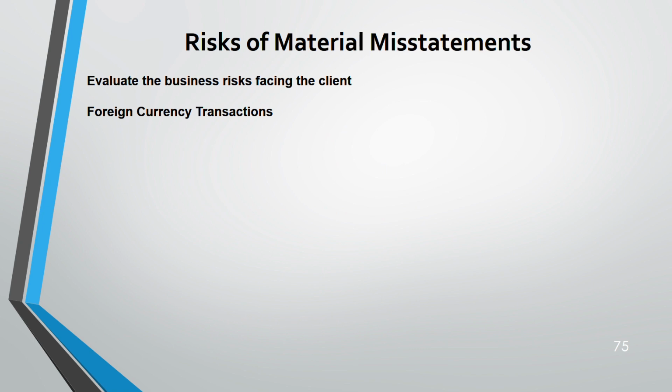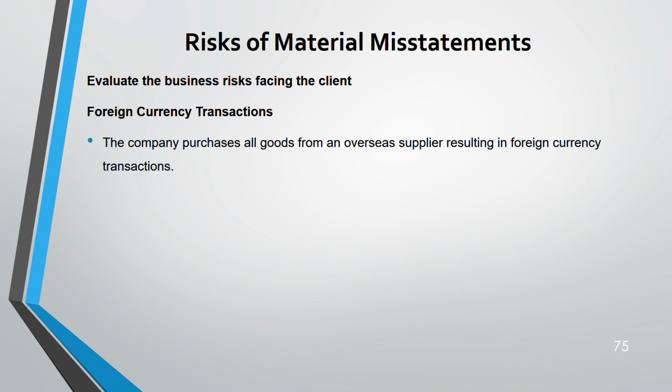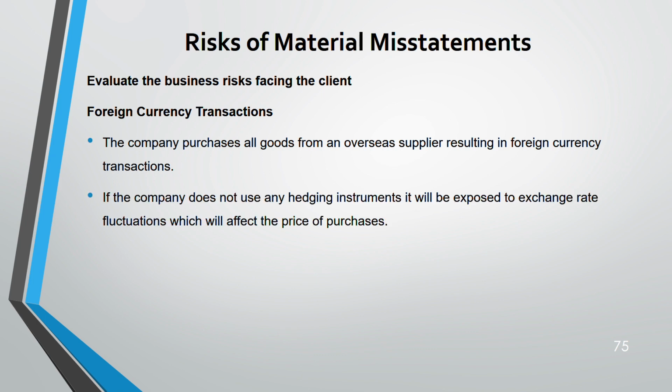Second, foreign currency transaction. Here, the company purchases all goods from an overseas supplier. That's why it's a foreign currency. Here, if the company is not using any hedging instrument, hedging means to minimize the risk by taking forwards, futures, options and all those things. I've explained this in my AFM, Advanced Financial Management.